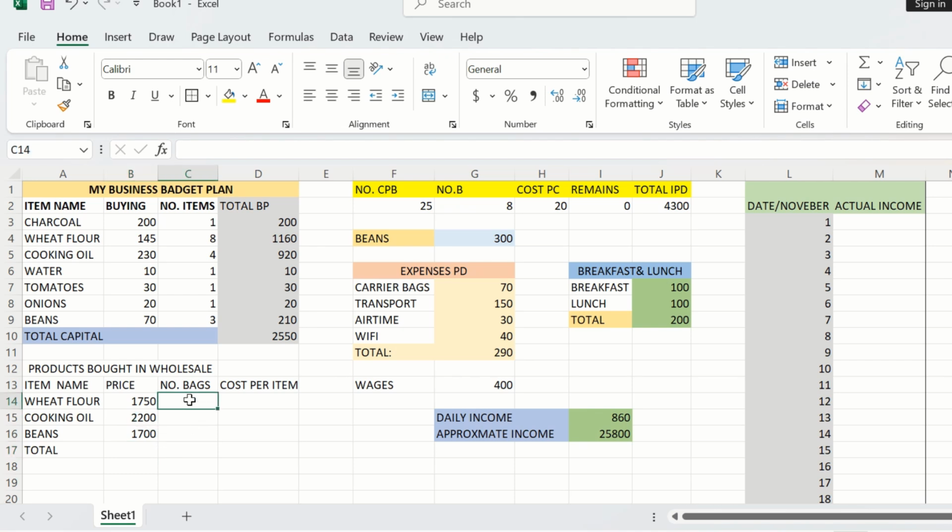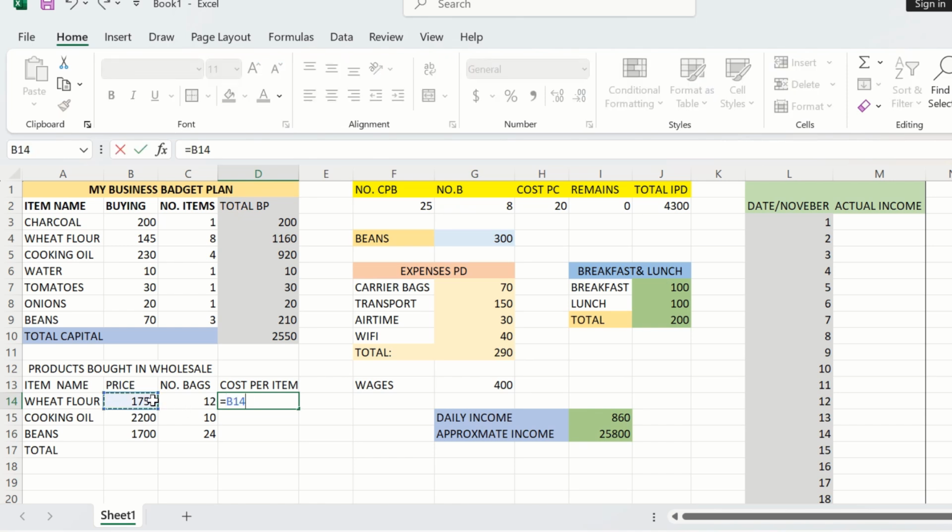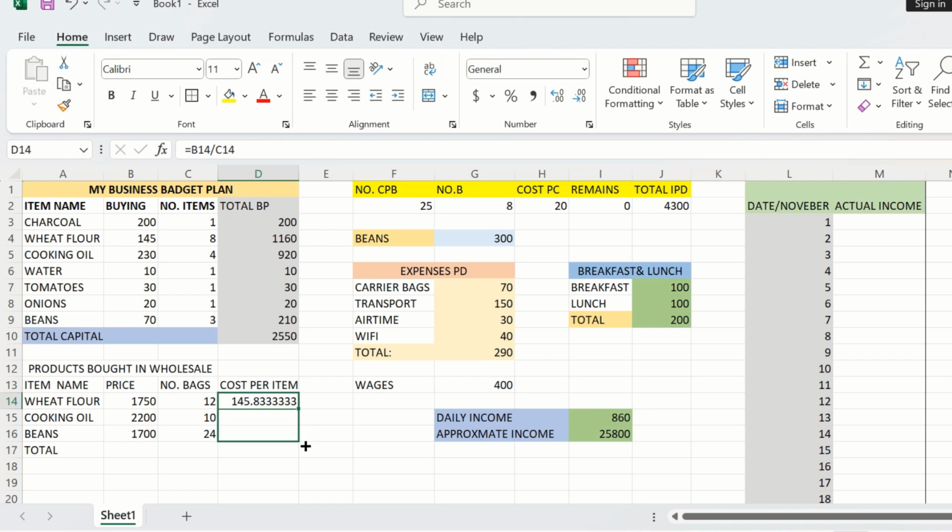Number of bags, let's say 12, 24, and then 10, and then beans we have 24. So the cost per item is just given by the price bought divided by the number of items, right? Yeah. So that is the cost per item.